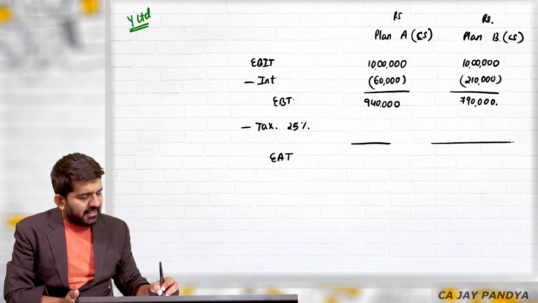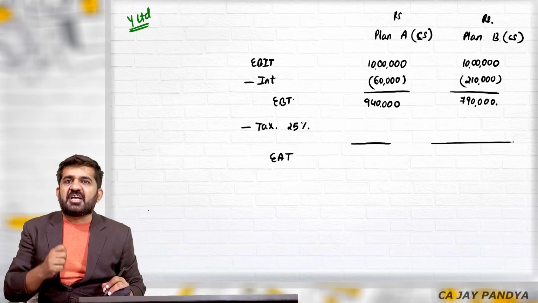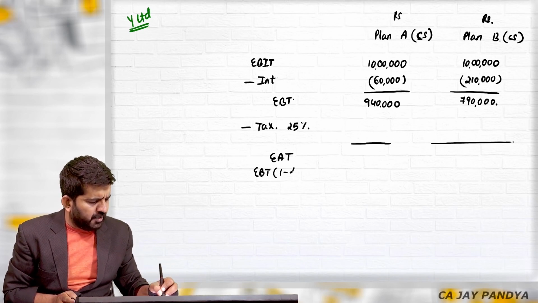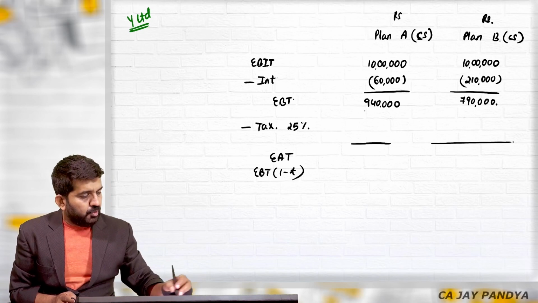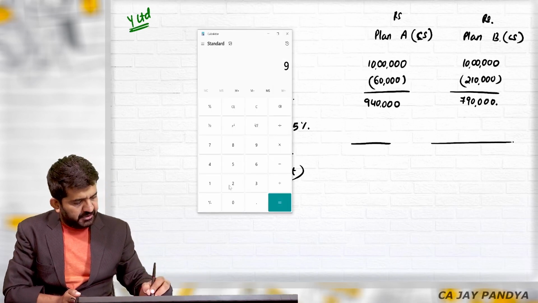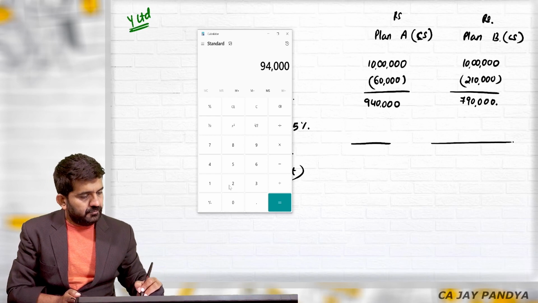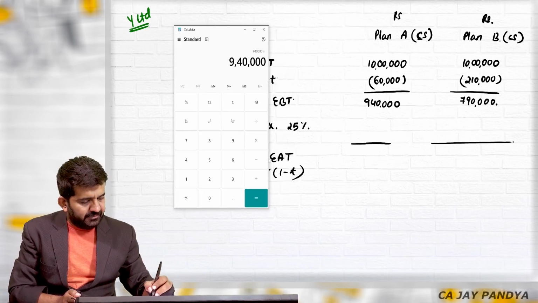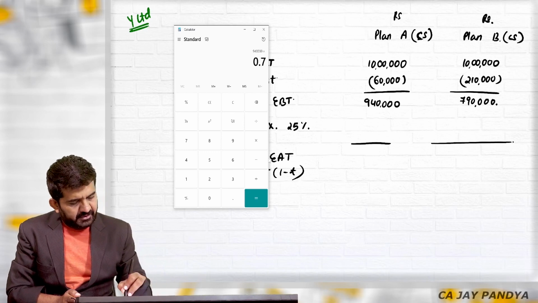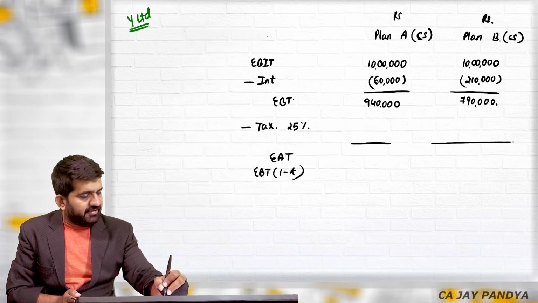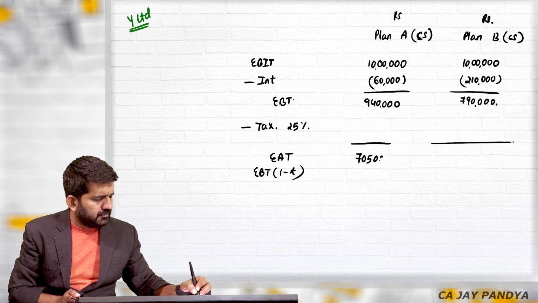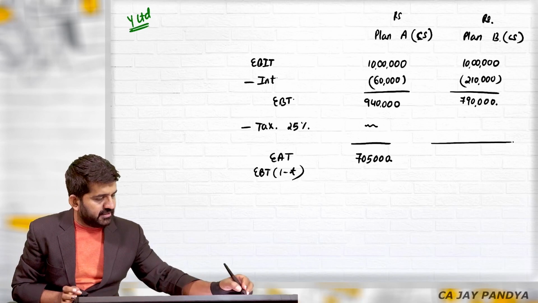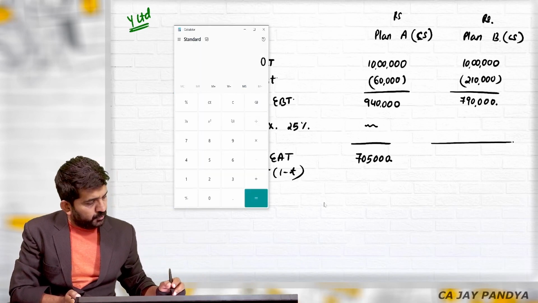I can directly find out EAT. Sir, can I do this in the examination? Yes. EAT is always EBT into 1 minus T. What is EBT? 9 lakh 40,000 into 1 minus T, into 0.75, 7 lakh 5,000. Sir, if I keep this blank in the examination, will it do? The answer is yes. 7 lakh 90,000 into 75%.